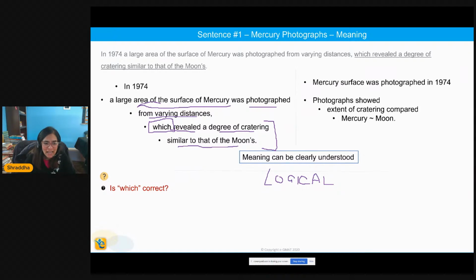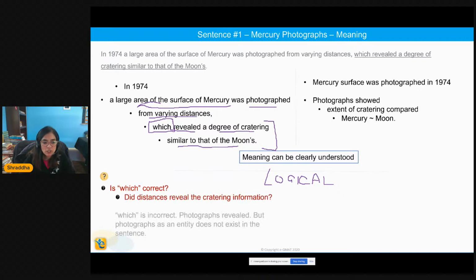So are we saying that it is the varying distances that reveal a degree of cratering? Is it the distances that reveal the cratering information? Not at all. We understand that it's the photographs that reveal the degree of cratering, right?